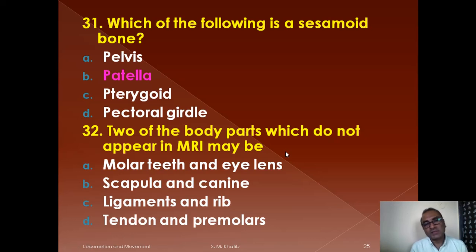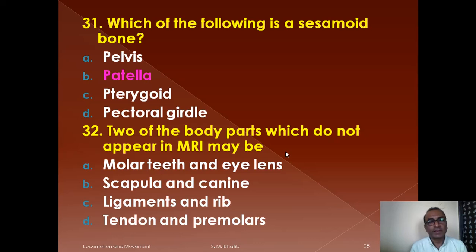To visualize the soft tissues and organs, if there is any problem with our internal organs or soft tissues, we usually go for the magnetic resonance imaging, we call MRI. Okay, it will not give any clear picture of the bones. Bones just appear black.